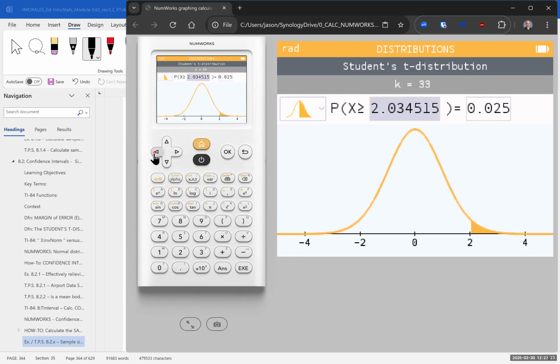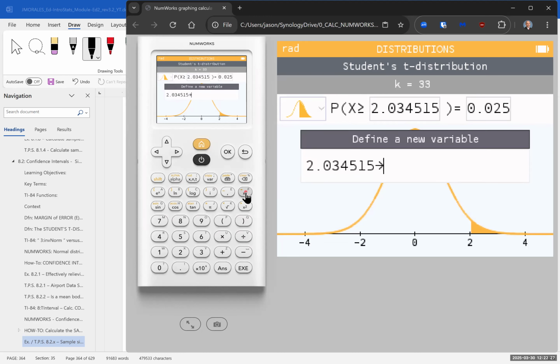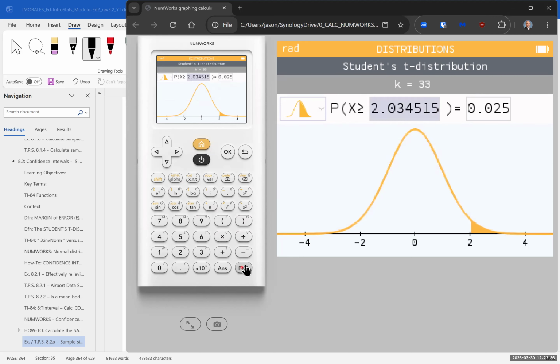So now I'm going to save that, Shift X to the Y. I'm going to save that in lowercase t. All right, and that was 2.03 and some change.